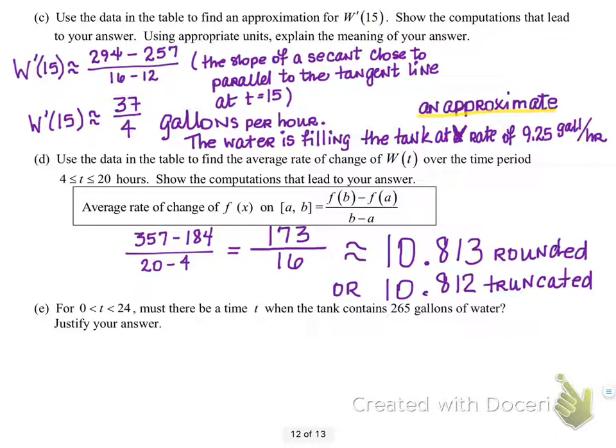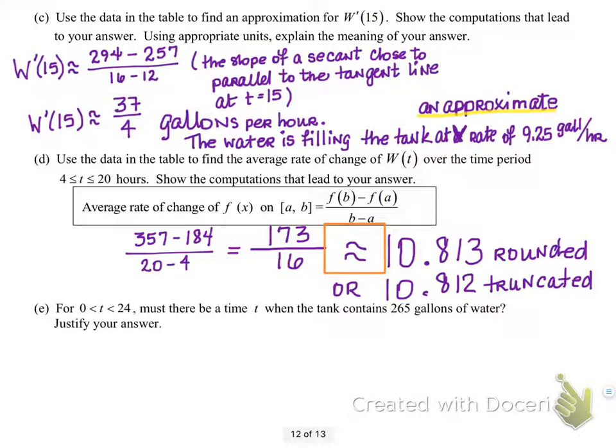On your AP exam, rounding to the 1000th is considered enough of an approximation. So you're always going to the third decimal place in your answer, and you absolutely must use those approximate symbols.